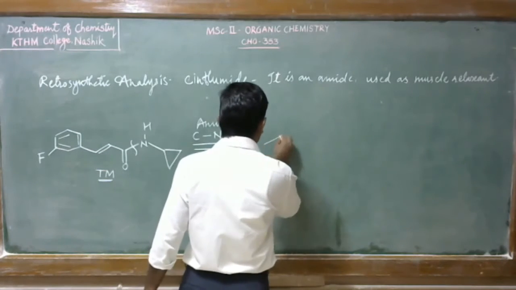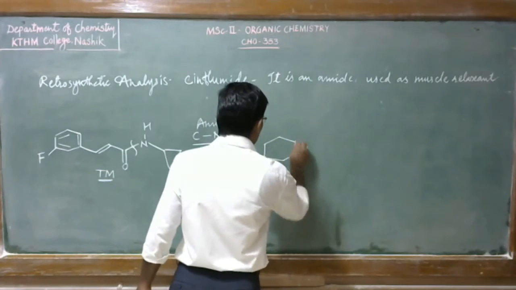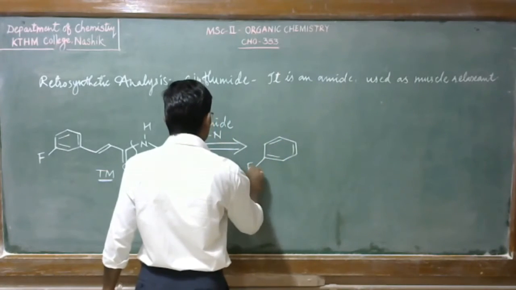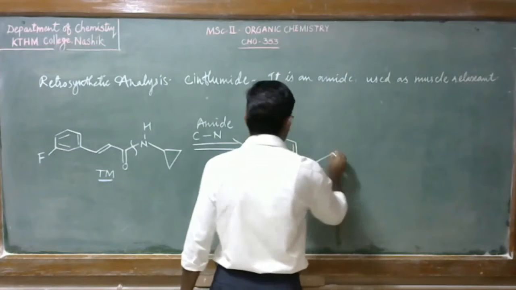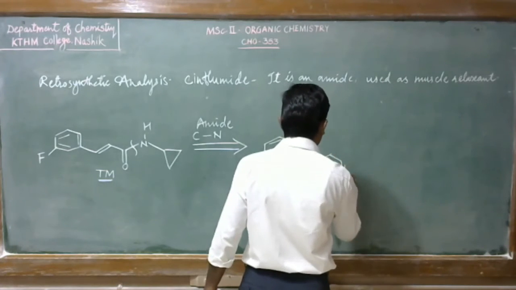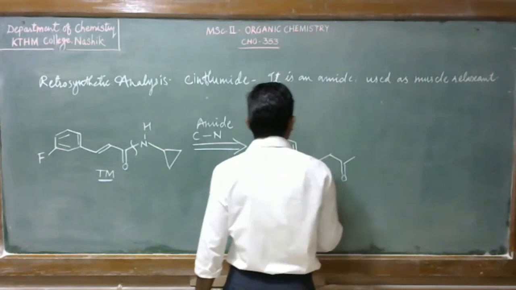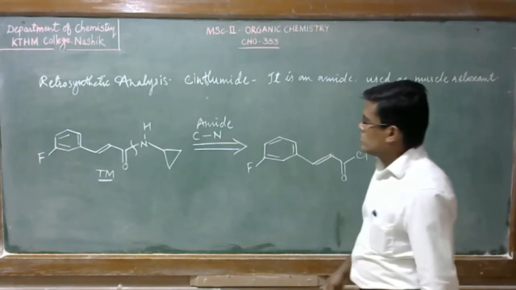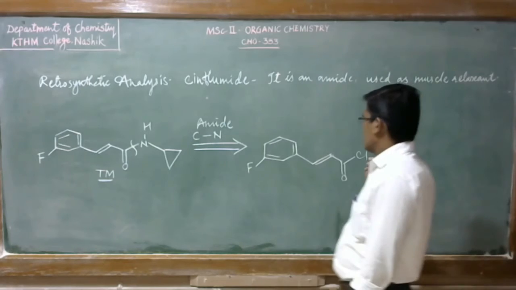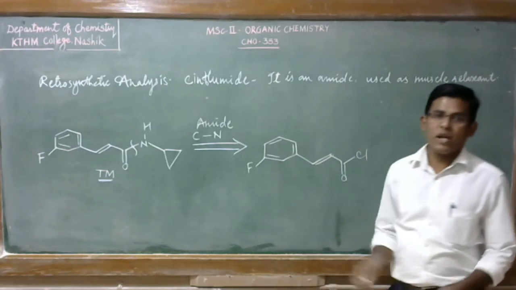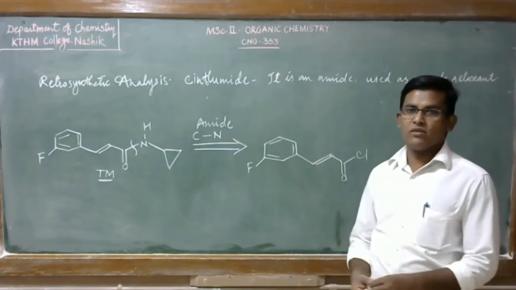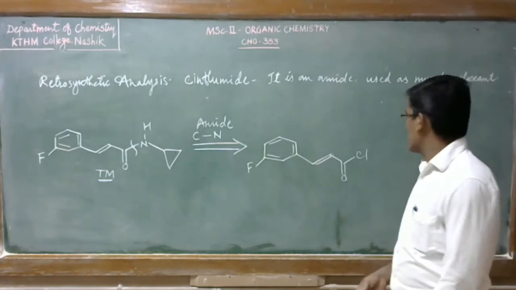we could get two fragments. We know this amide can be prepared by using its corresponding acid chloride and primary amine.